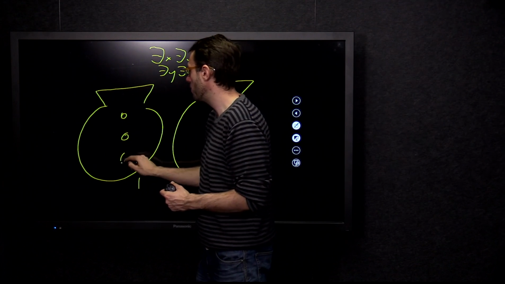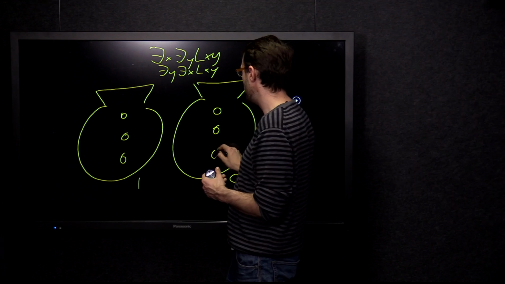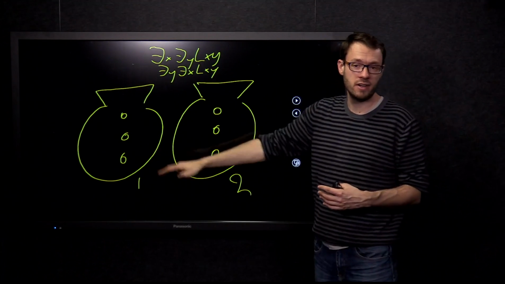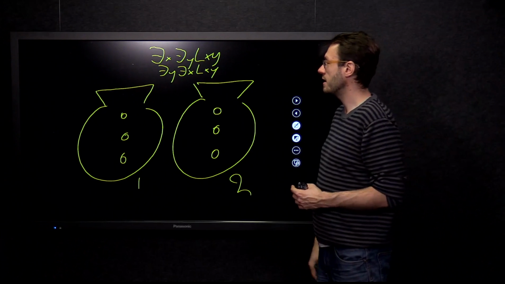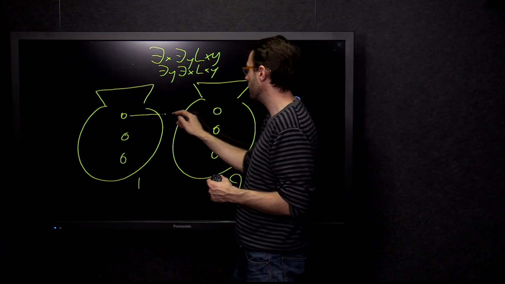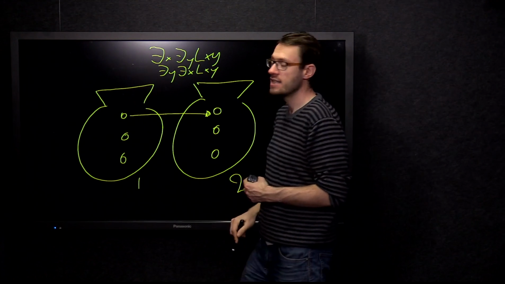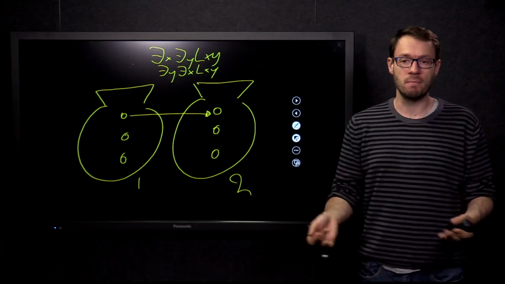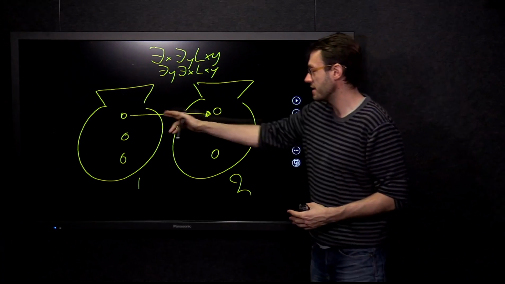Same bag in both cases, three things in the bag only. In the first sentence, we're saying there is something I can pick the first time, and there is something I can pick the second time, such that the first thing loves the second thing. So what that's going to look like is that something in that bag loves something. In this case, I've got it that it's loving itself.